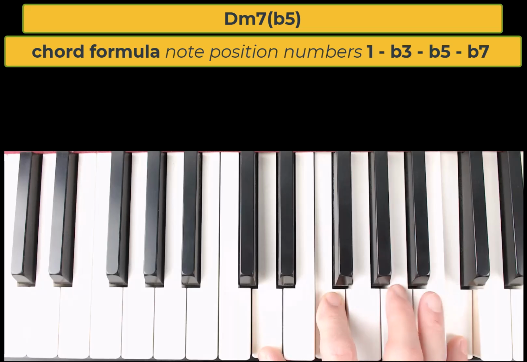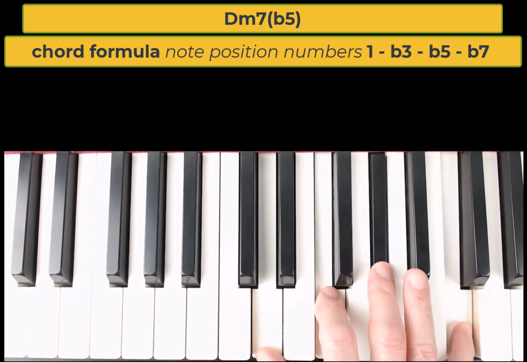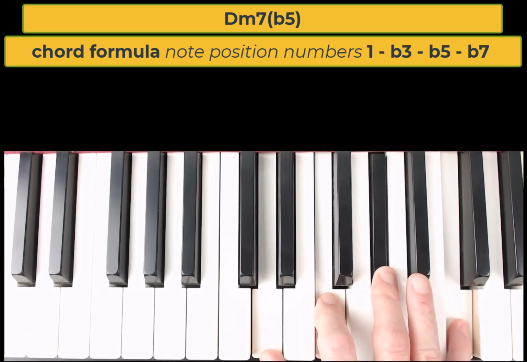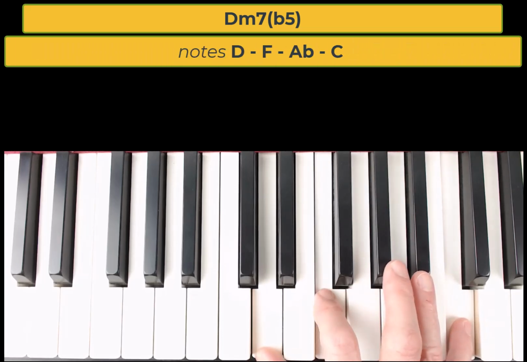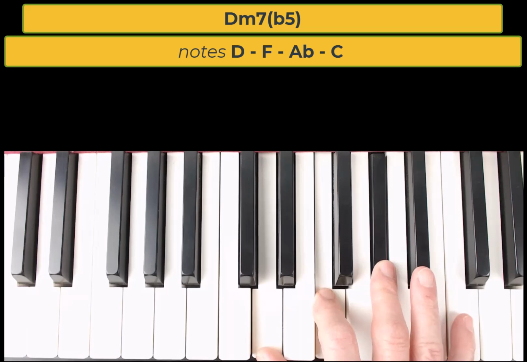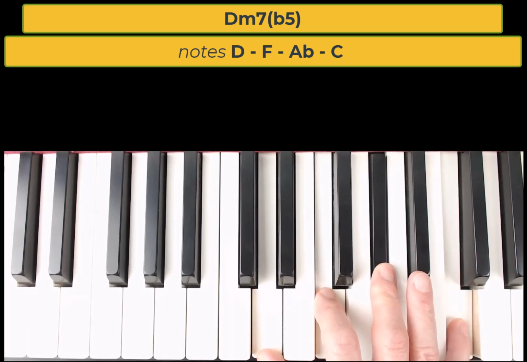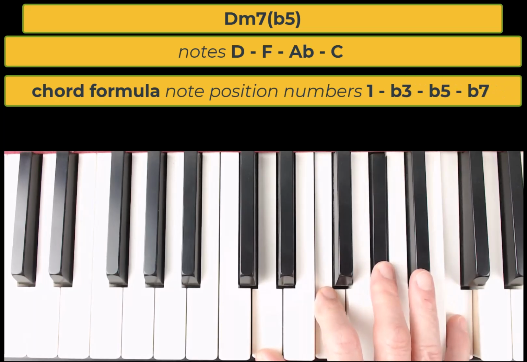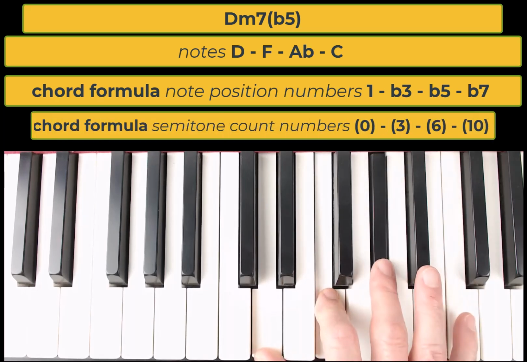So I'm going to now take this, the 5 note, so you can see how I look at things from the basics. That would be a D minor 7th flat 5, which has the notes D, F, G sharp or A flat, and C. So that's formed with note position number 1, flat 3, flat 5, flat 7, or in my semitone world of counting, 0, 3, 6, and 10.